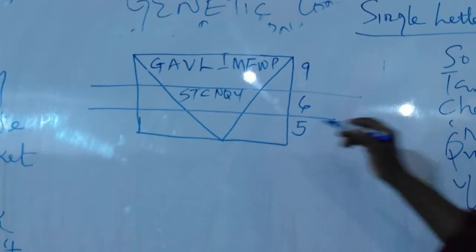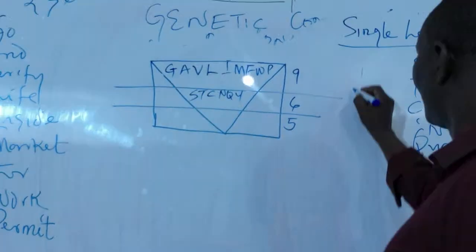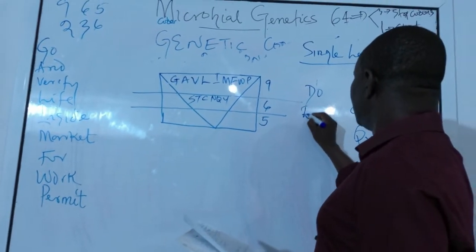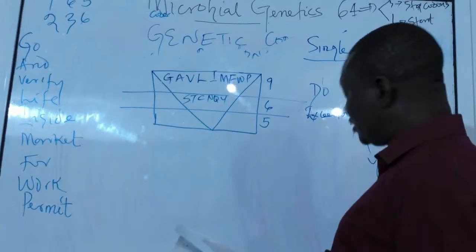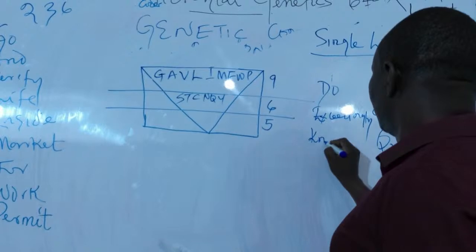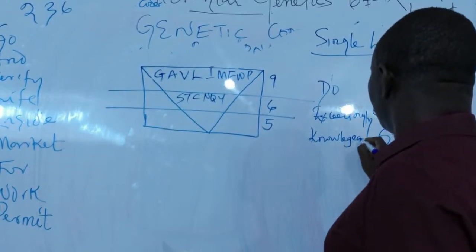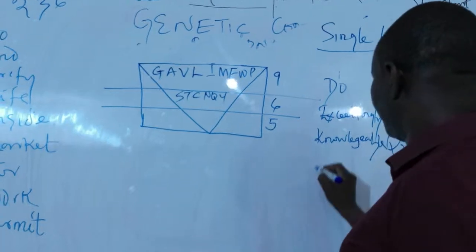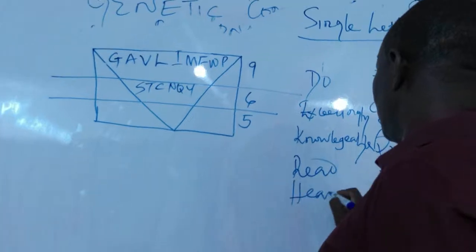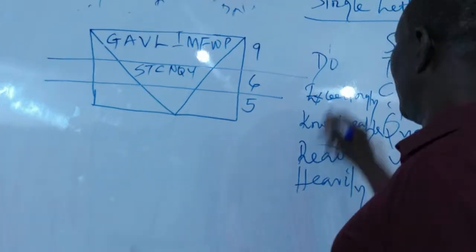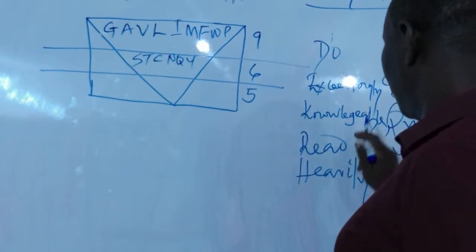So the next one that you need is: do exceedingly knowledgeable, comma, read heavily.